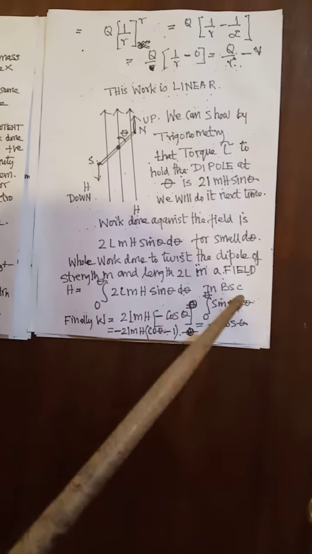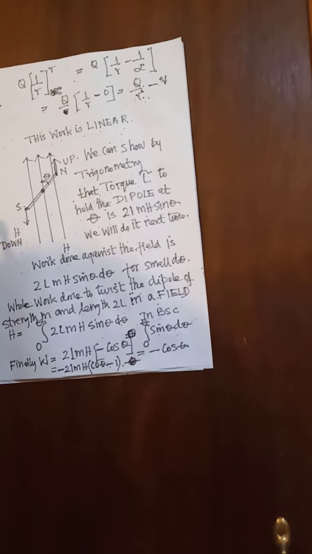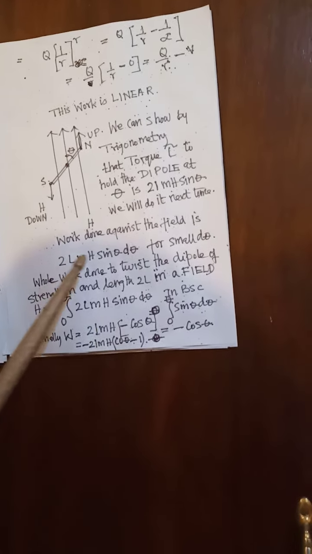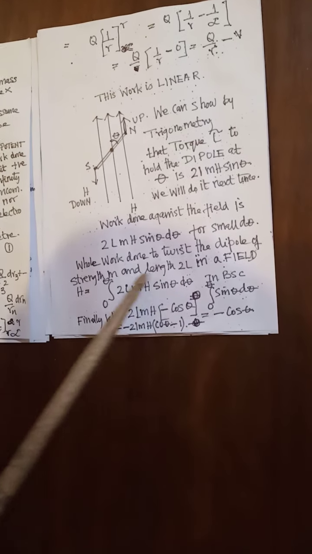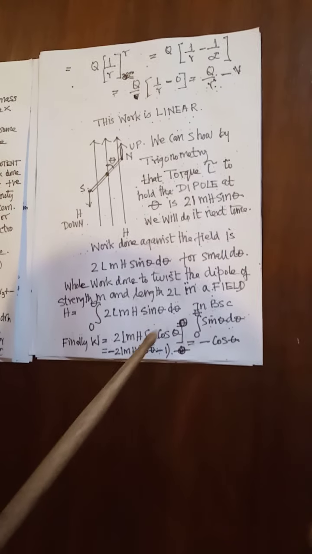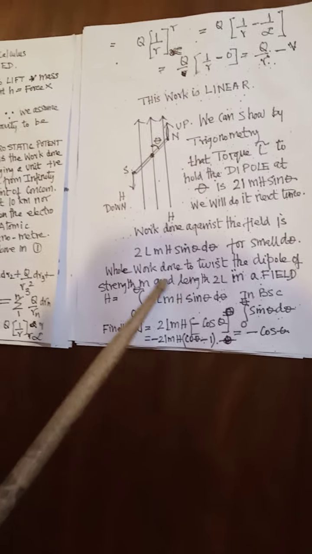And this integration, you will learn it, I'll show you. Because see, 2LMH sine theta is the torque. So if I rotate it by d theta, just like f dx, but that is linear, here there is rotation, so torque times d theta is the work done.